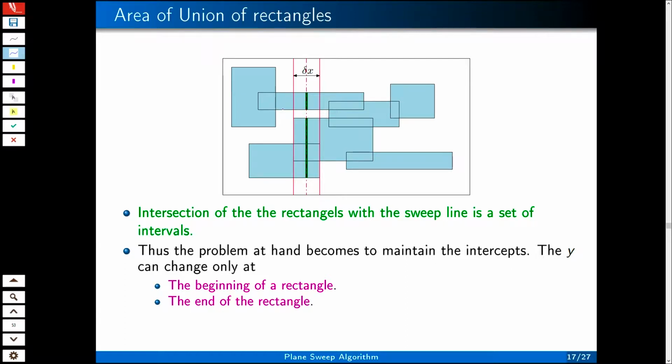What we now have is a one-dimensional problem. Between two event points, I have a set of intervals in the y-axis, which I can consider as intervals in the x-axis as well. And my objective is to find the length of the union of these intervals. Clear?